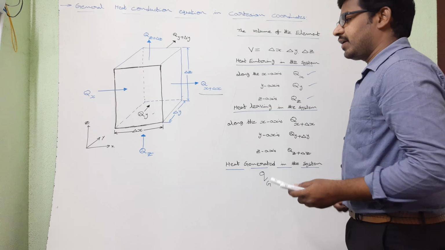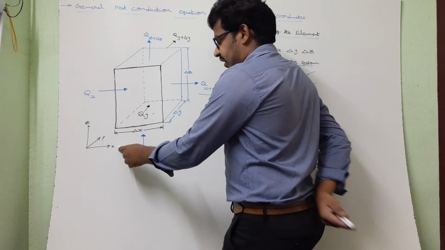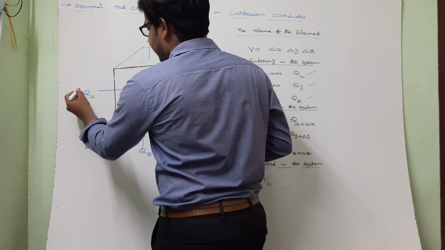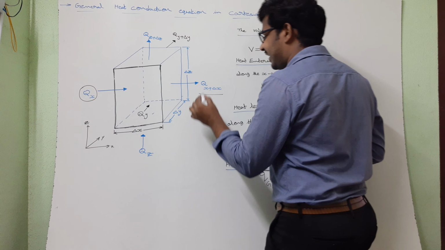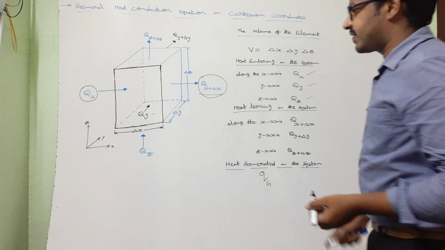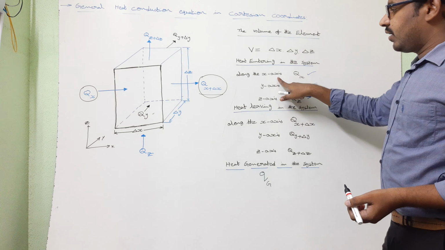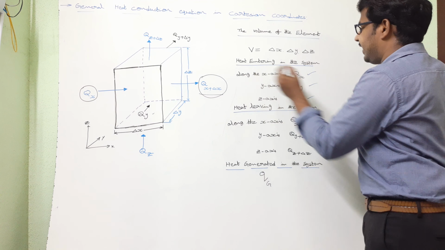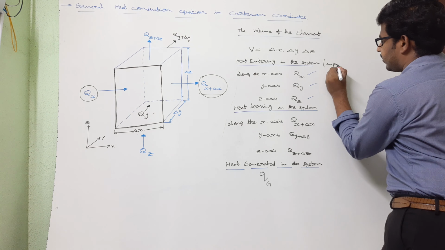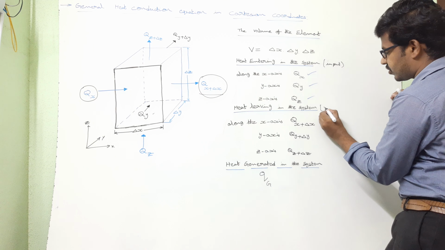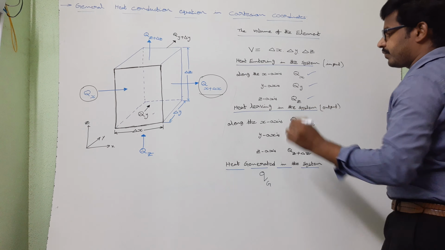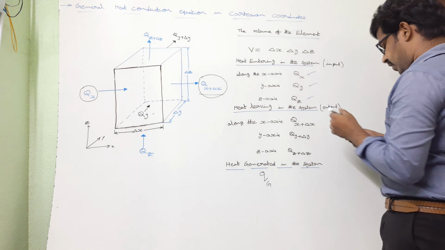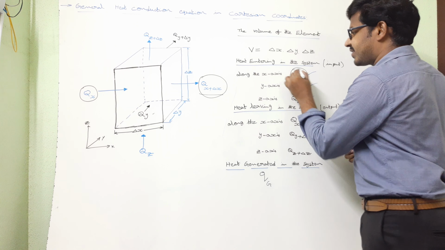Now I am explaining clearly. Along the x-axis, heat input is Qx and heat leaving is Qx plus dx. Heat entering into the system is the input, and heat leaving the system is the output.